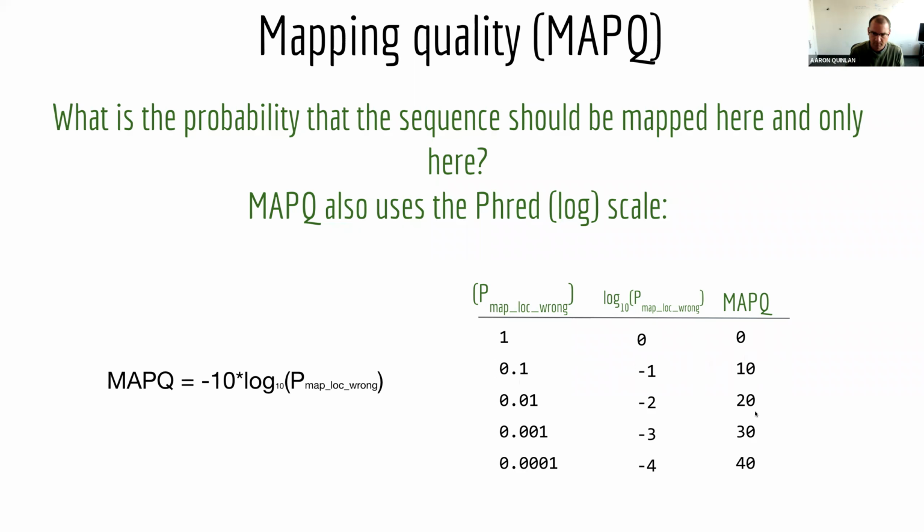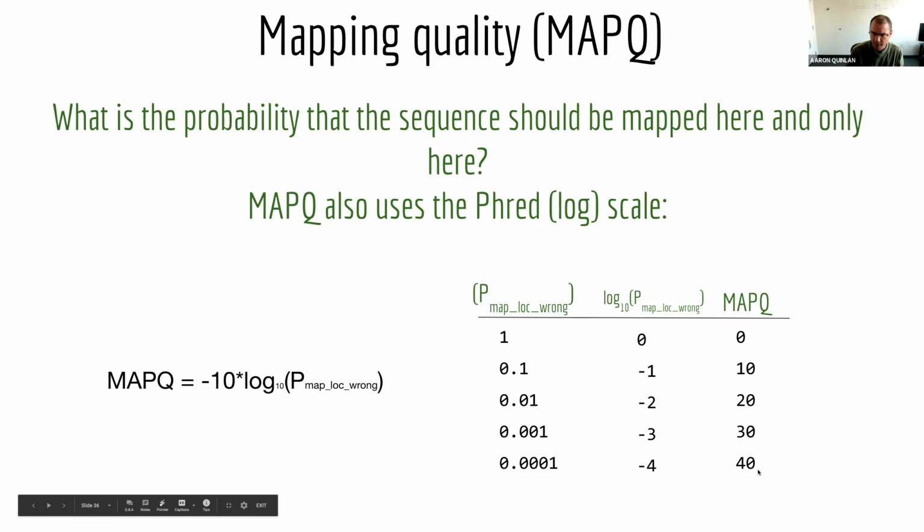Similarly, if the mapping quality is 20, it works out that the probability the mapping location is wrong is 0.01. So I think of this as 2 decimal places shifted from a probability of 1. 3 decimal places shifted, a 1 in 1,000 chance that I'm wrong, leads to a mapping quality of 30. A 1 in 10,000 chance that the mapping location is wrong gives a mapping quality of 40.